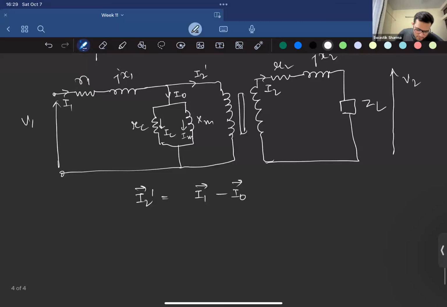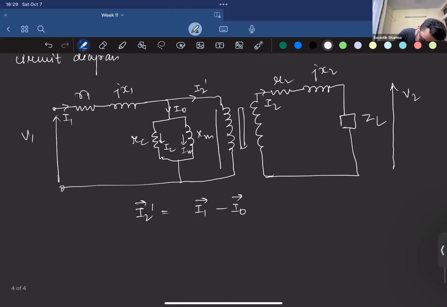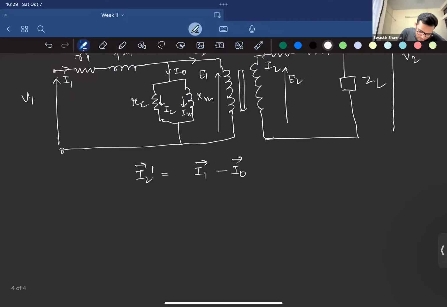One more thing, the induced EMFs I haven't represented, E1, E2, right? So if we do KVL across the primary, how can we write V1? V1 can be written as E1 plus I1 R1 plus j times I1 X1. Similarly, V2 will be what?